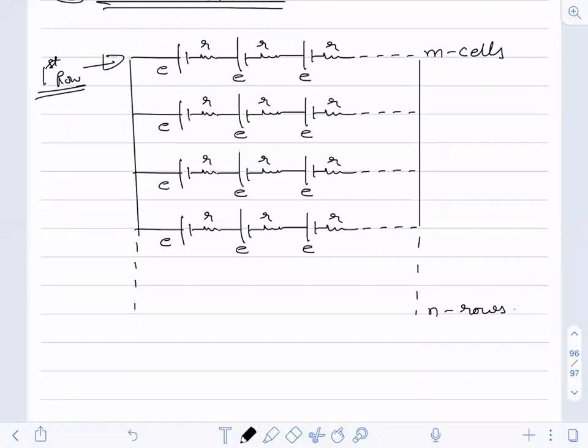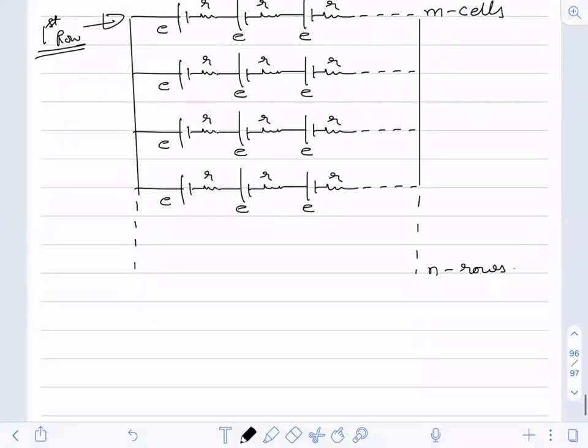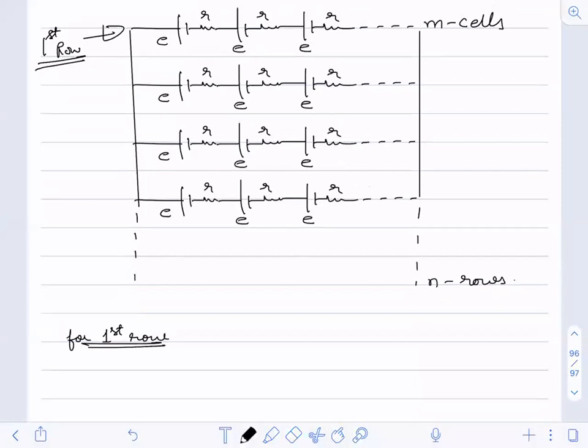For the first row, using the series concept, what is the equivalent EMF?